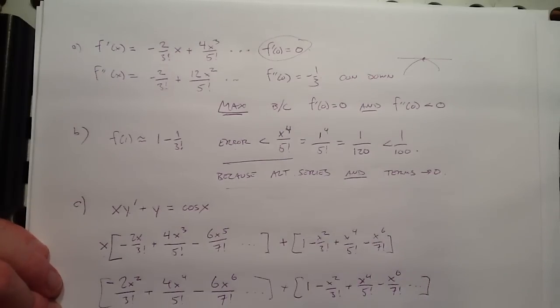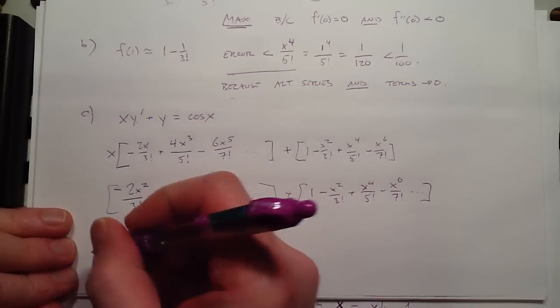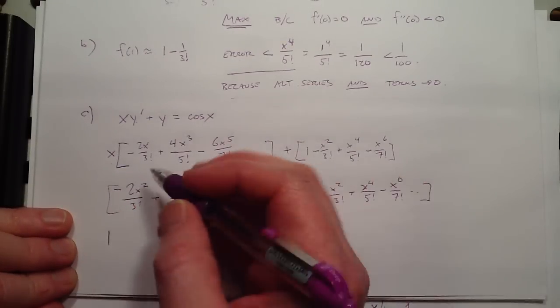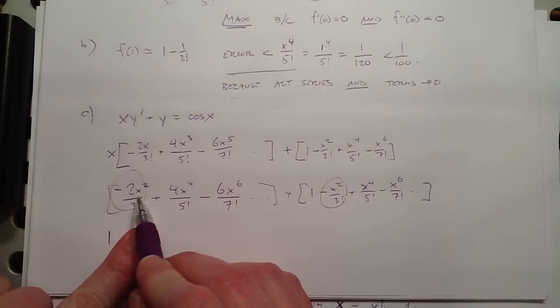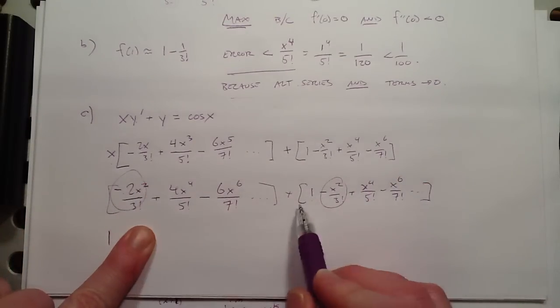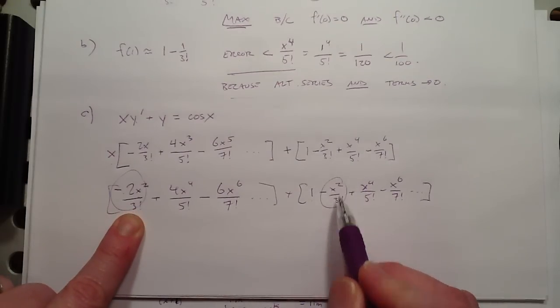Okay, let's try to simplify this and combine what we can. I've got a 1 here, and then I've got these two terms. Minus 2x squared over 3 factorial minus x squared over 3 factorial.